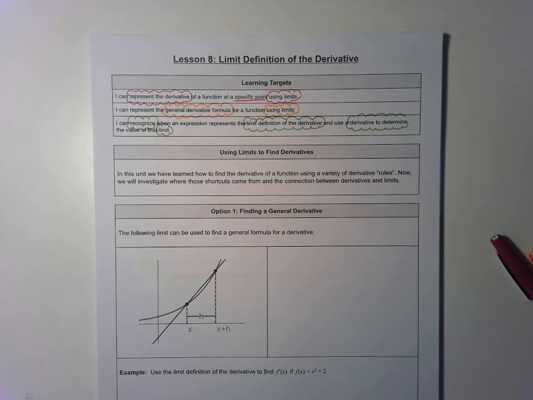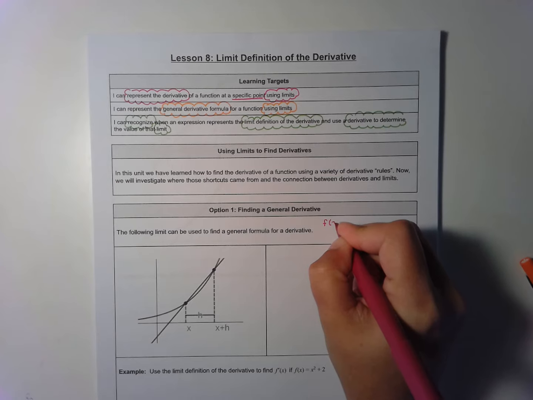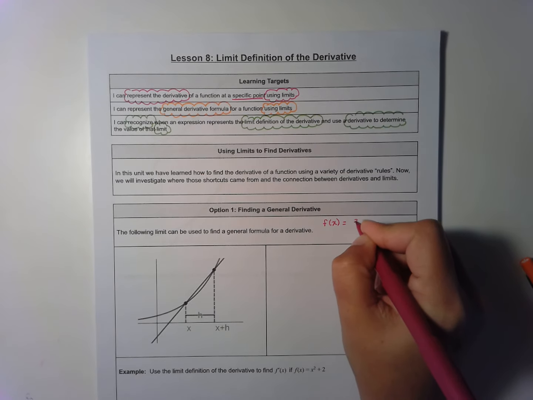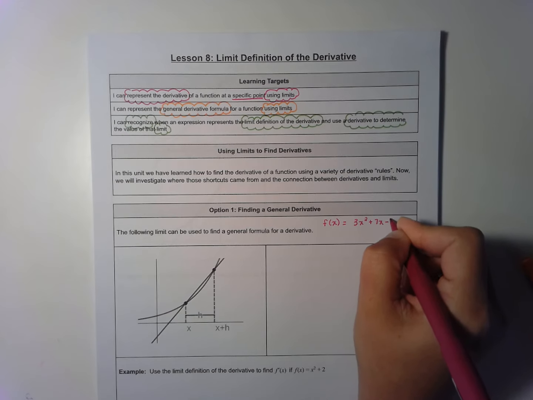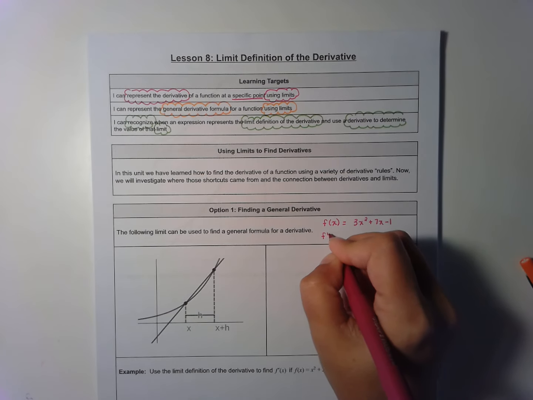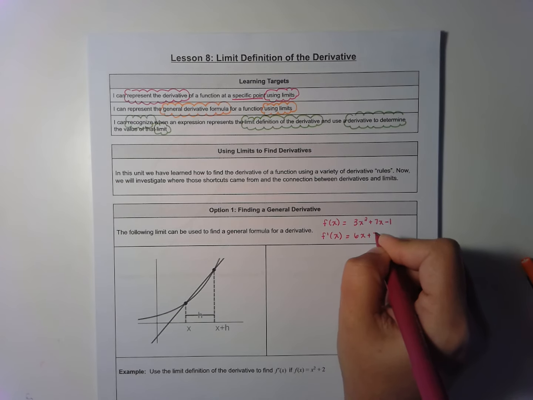The following limit can be used to find a general formula for a derivative. Now, when I say a general formula for a derivative, I mean that if f of x is equal to 3x squared plus 7x minus 1, the general derivative formula would be 6x plus 7.